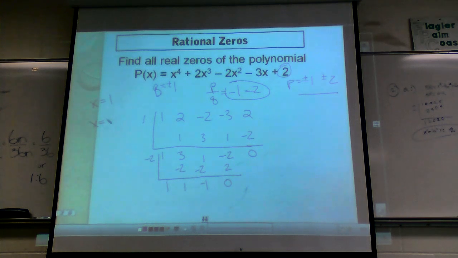So my only other option here, honestly, is -1, using all the possibles. If I had more than one option here, guys, what I would do is take that as x squared plus x minus 1 and then factor it out. But since I've only got one more option, which is -1, I'm just going to go ahead and do synthetic division.